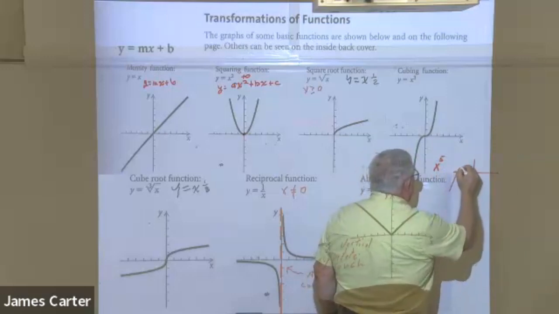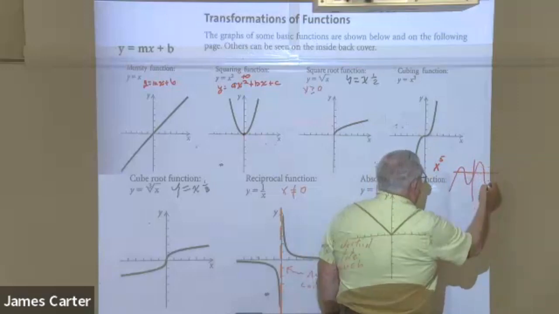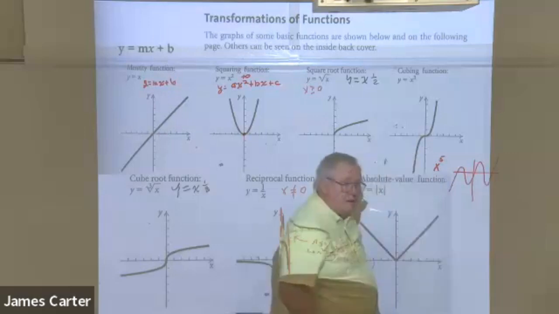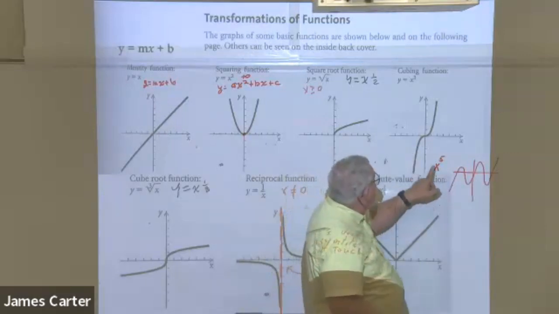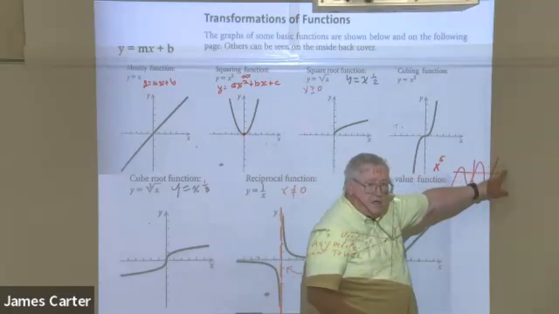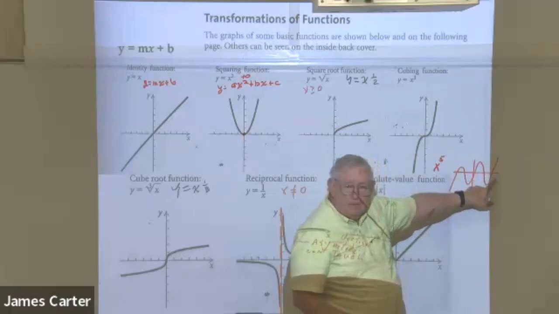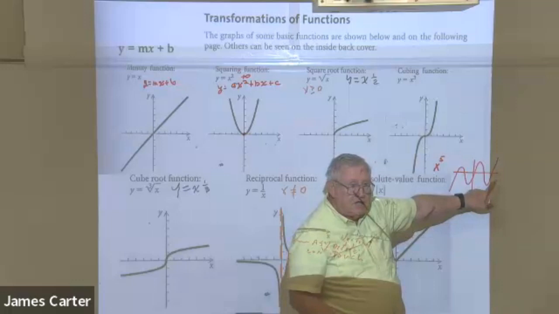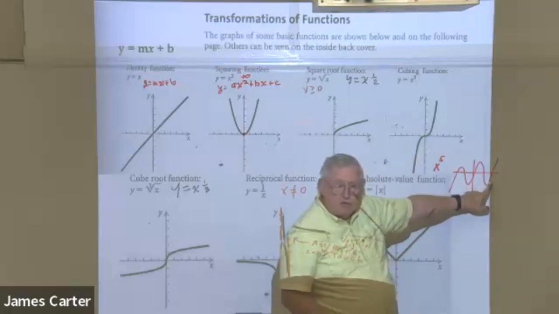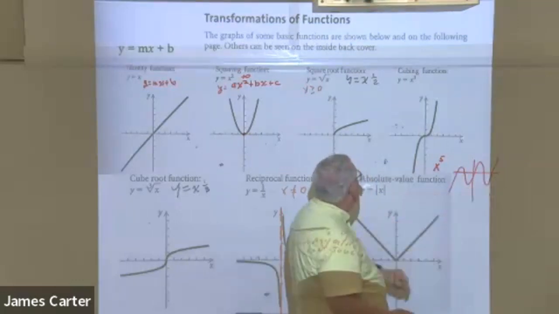Well, notice it started low, ended high, started low, ended high. 3, 4, 5 points on the x-axis, which we call roots or solutions. Okay?